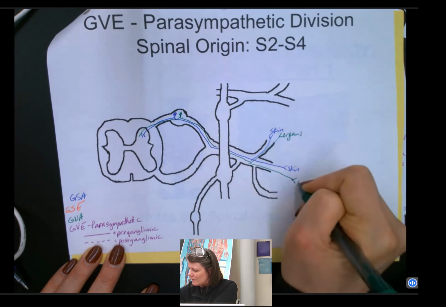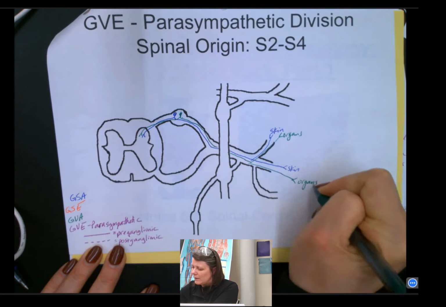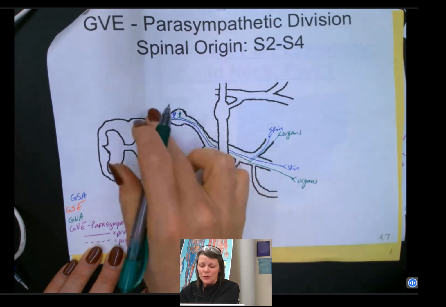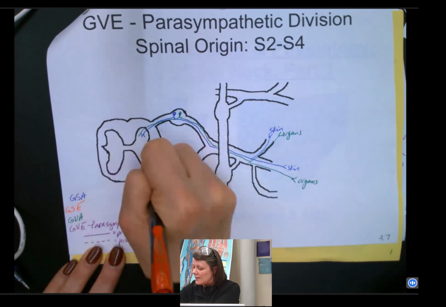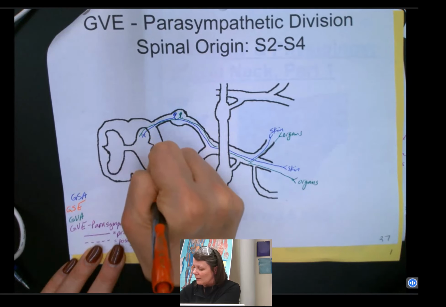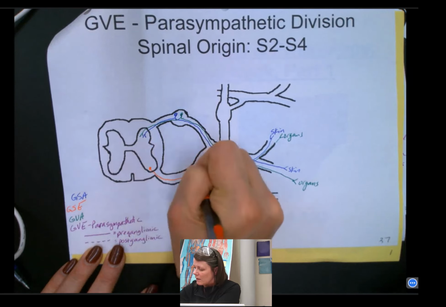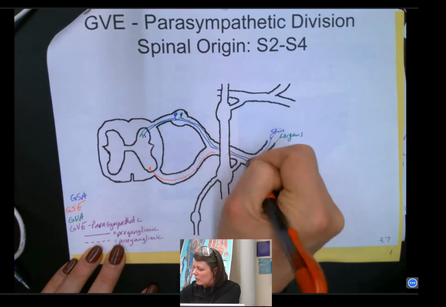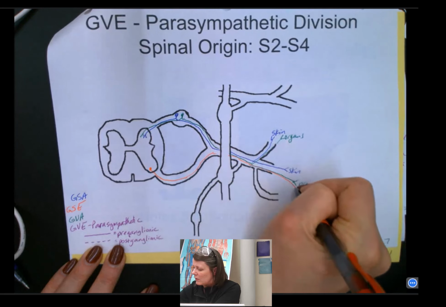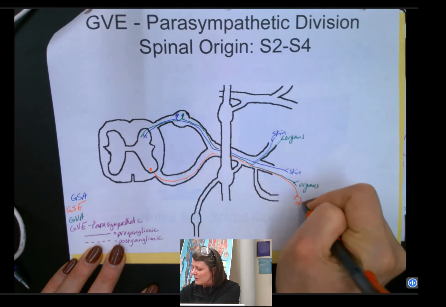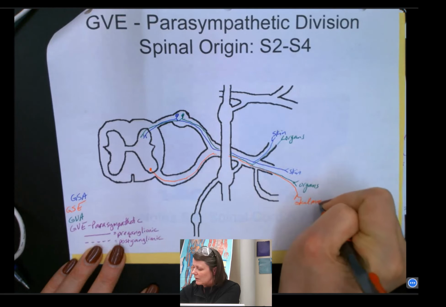They're sensory. I know that because they're going through the dorsal root. I've got my GSE motor, which are going to go out to find skeletal muscle somewhere.